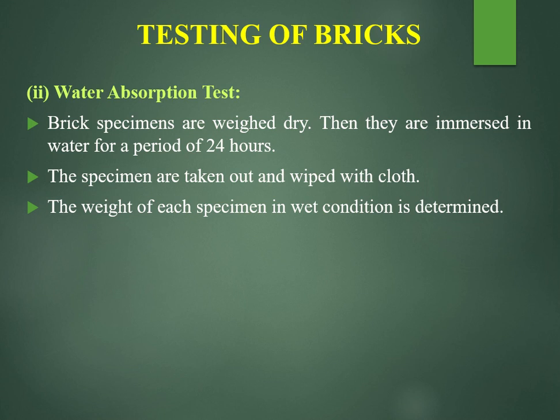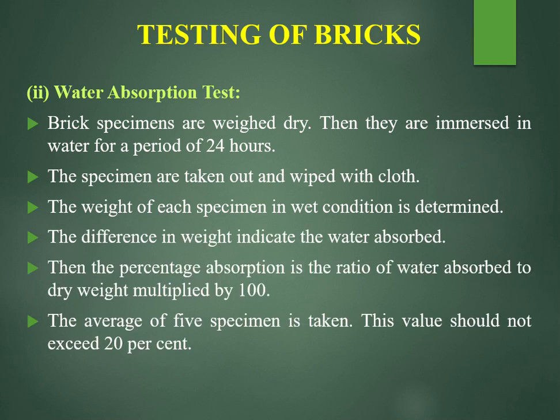Whatever specimen you have taken out from the water after 24 hours of immersion is now in a wet condition, so take the weight and note this weight as W2. W1 was the initial weight of the brick under dry condition. W2 is the weight of the brick under wet, saturated condition. Then you determine water absorption as (W2 minus W1) by W1 into 100.